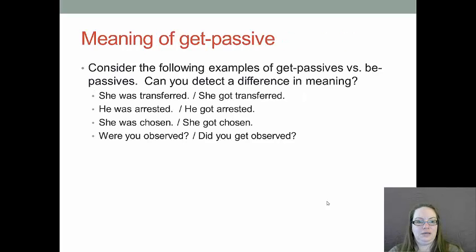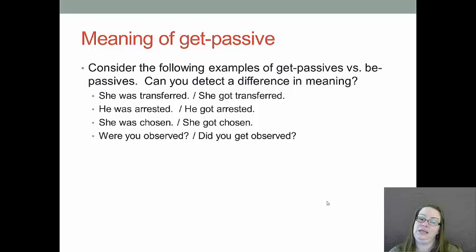Here are some other examples about the differences. For me, as a native English speaker, I actually have a very large meaning difference. She was transferred versus she got transferred. He was arrested versus he got arrested. She was chosen versus she got chosen.